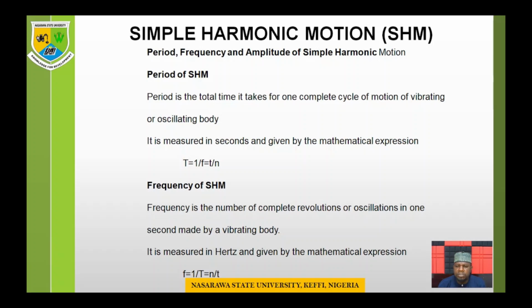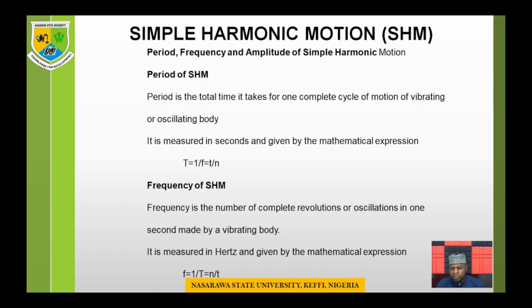Assuming you set an object to a simple harmonic motion and allow it to do 20 oscillations, you start the timer, and as the oscillation is taking place you start counting 1, 2, up to 20. As we say 20, you stop the timer.